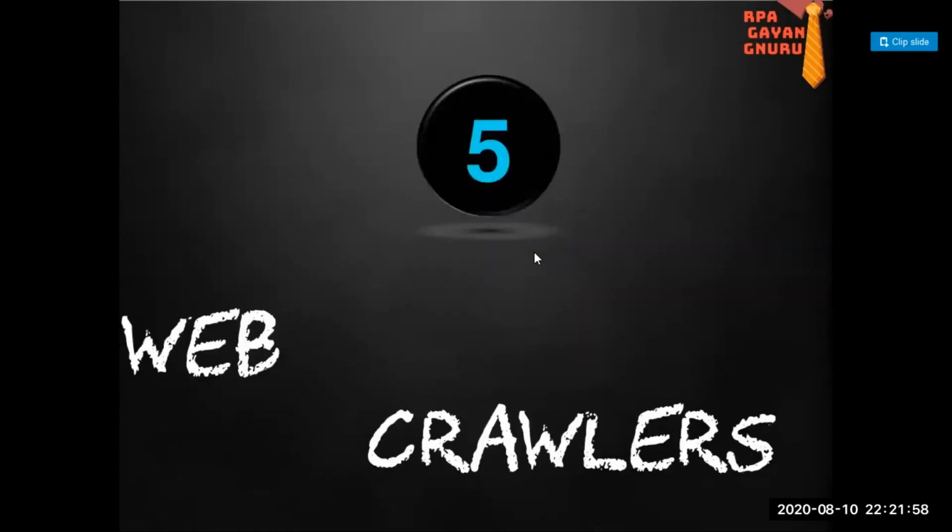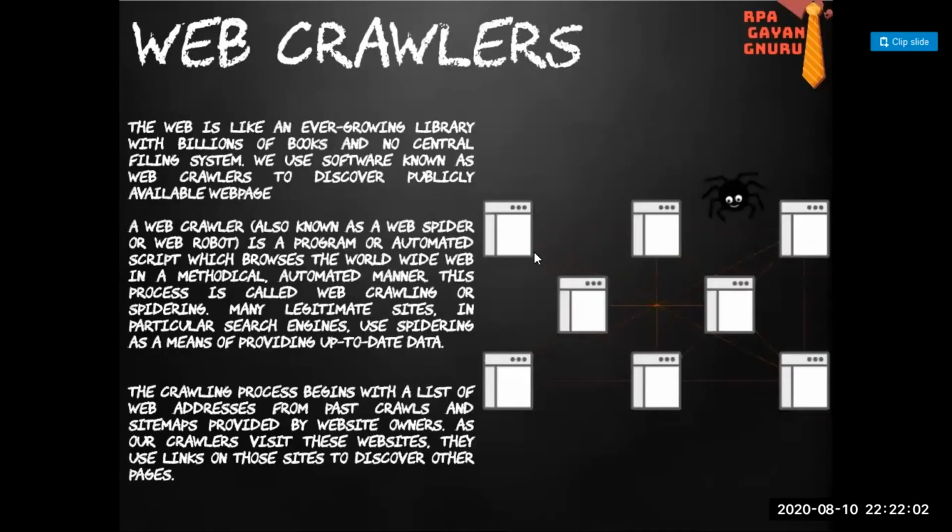And at number five are web crawlers, something that we have almost forgotten about. Web crawlers were the very first use case of RPA. Of course, at that time it was not called RPA, it was not even called automation.